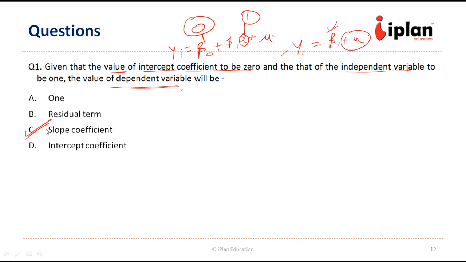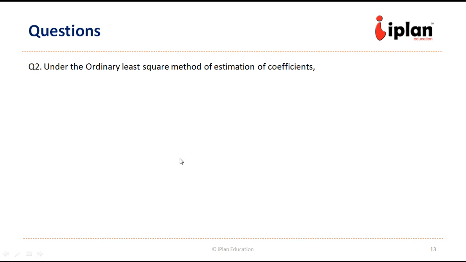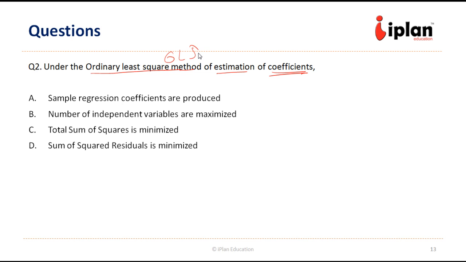Let us look at question number 2. It says under the ordinary least square method of estimation of coefficient, OLS. So these 4 options are given. Sample regression coefficients are produced. This is not true. The number of independent variables are maximized. Number of independent variables are already given. They are not maximized.